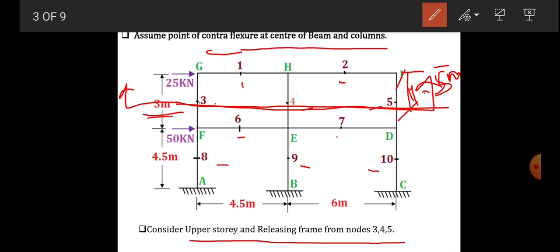When we talk about joint G, we have to consider only this much part. So this height will be 1.5, half of the column, and this length will be half of this 4.5. So this length we have to consider for joint G, and likewise we have to consider the other joints.